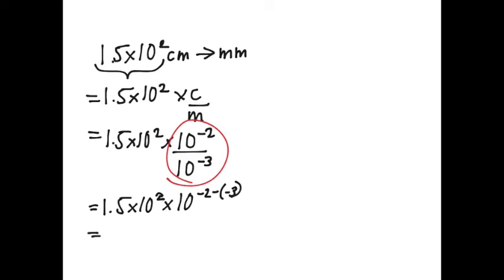In simplifying this expression, we end up with 1.5 times 10 to the power of 2 times 10 to the power of negative 2 plus 3 becomes 10 to the power of 1.